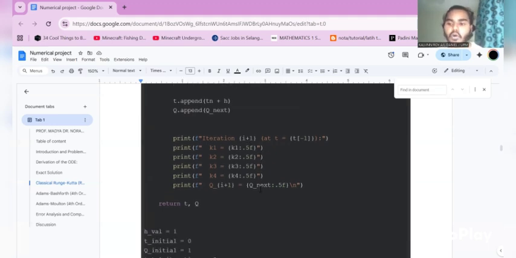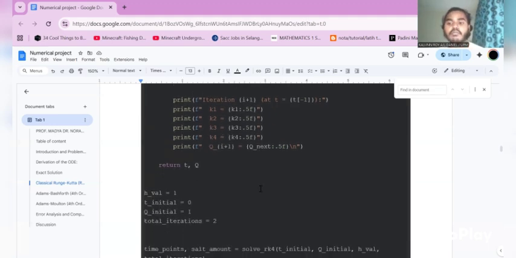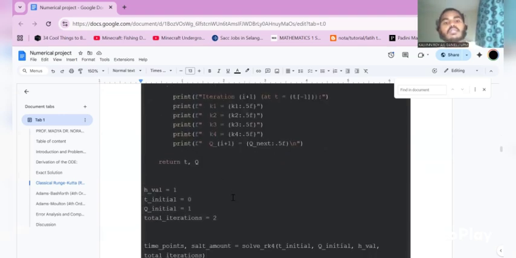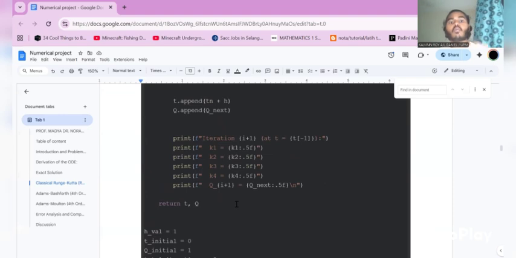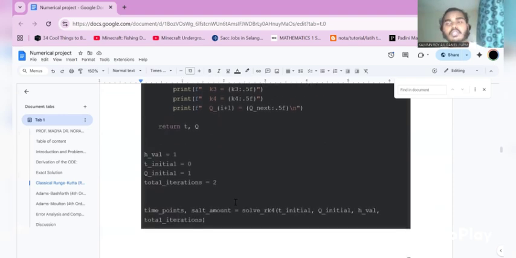And finally, the script just calls the function that we have based on the specific tank values. So like I mentioned, the initial value for T, the initial value for Q, the number of iterations that we want, and the step size as well. This really works well because when we use this code, it depends: are we looking for 1 iteration? Are we looking for 2 iterations?